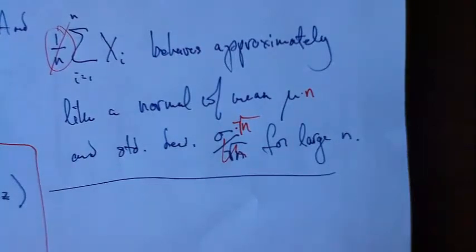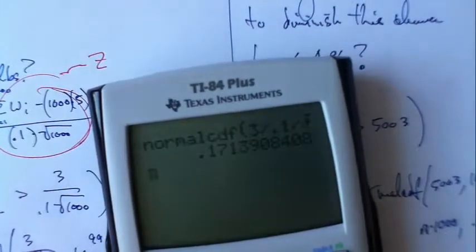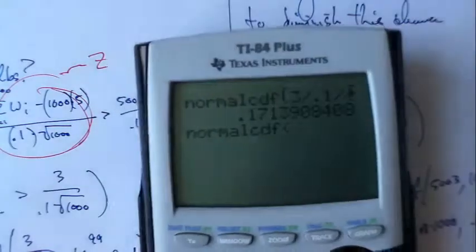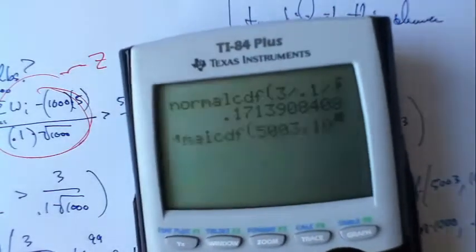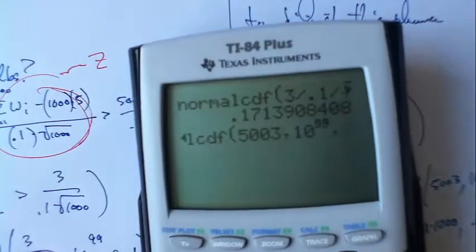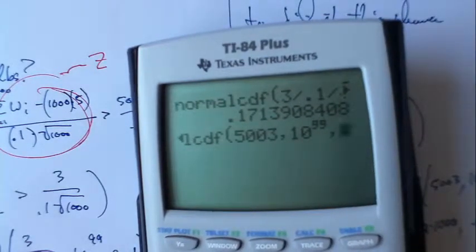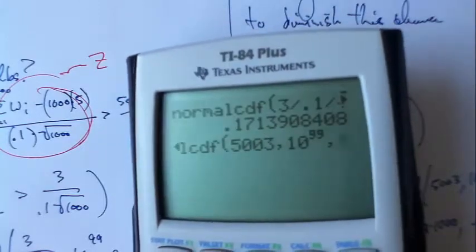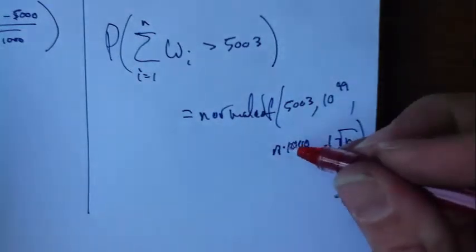So now I can try putting it in my calculator that way. Normal CDF 5003 up to 10 to the 99th. Whoops, I made a mistake over here. Did you see that? N times 5, right?